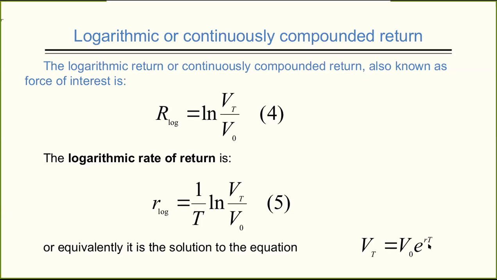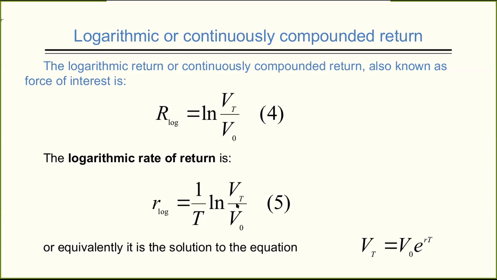So this equation is the formula of the compounding return. V at the end of period equals V0 multiplied by exponential to the power RT capital. But if you find R little from this formula, the exponential will be Vt divided by V0, and after that we can take ln, and we get formula 5.